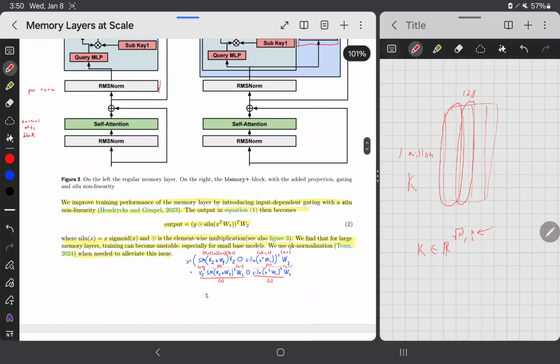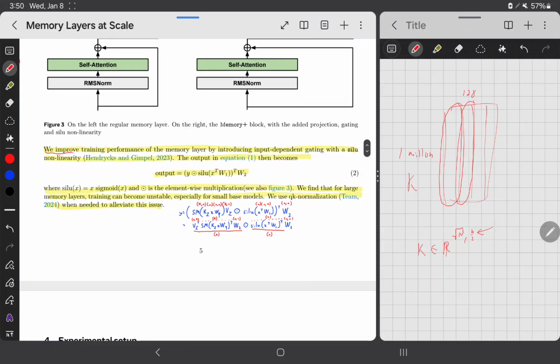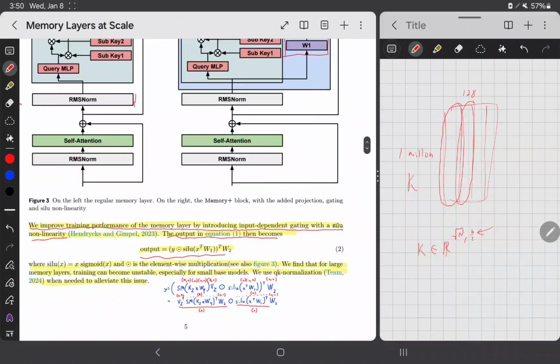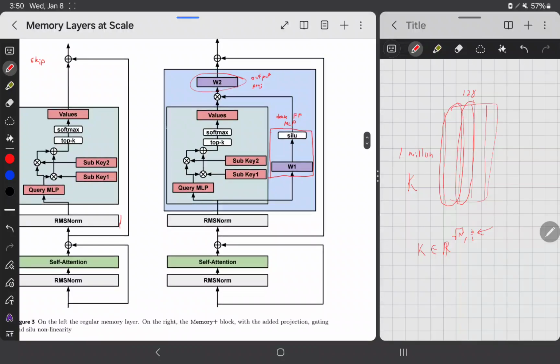So they mentioned down here, I'll just read it. They improve training performance of the memory layer by introducing input-dependent gating with the SiLU nonlinearity. The output is this. So basically, they say that the performance isn't amazing on its own, but you can make the performance a little bit better by adding a full rank matrix here in parallel with your memory layer, where this is just a normal feed-forward network.